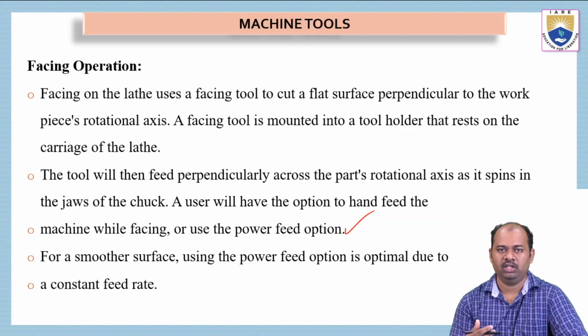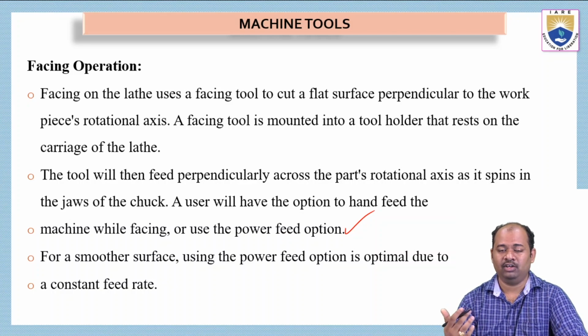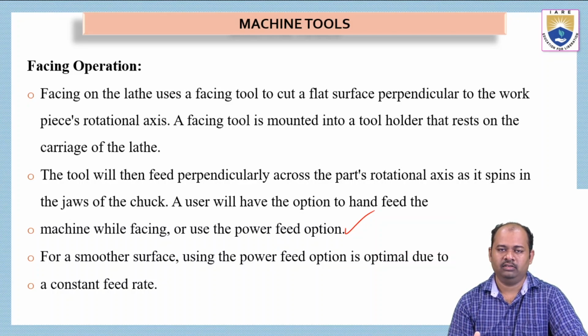We can give it manually by looking at the cross section very carefully, without losing any dimensions. We have to do that very carefully, or we can give the feed with the help of the power feed option. Power feed option is now modified and automated, and it is also called computer controlled feed. We can use a computer to give the feed to this particular facing operation.